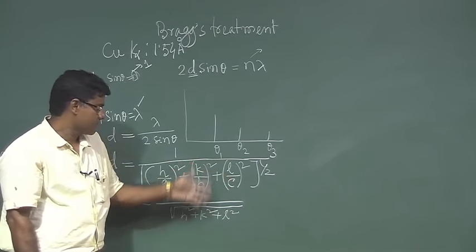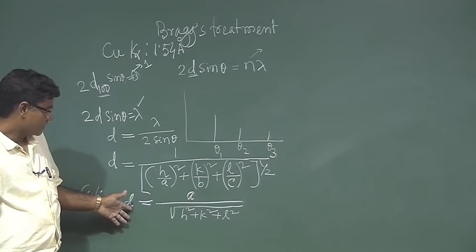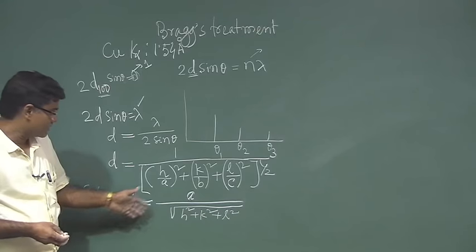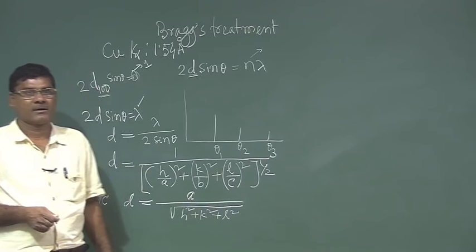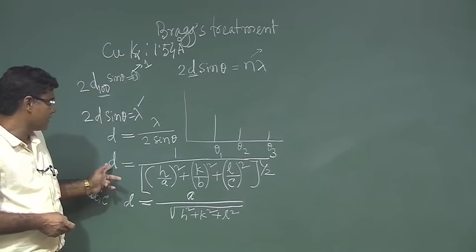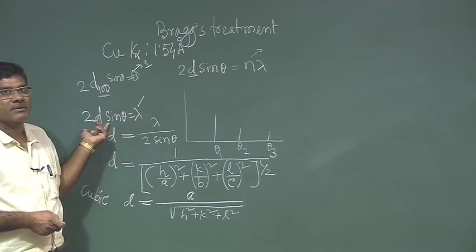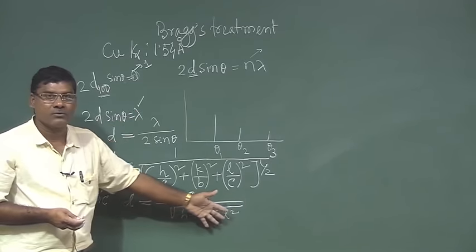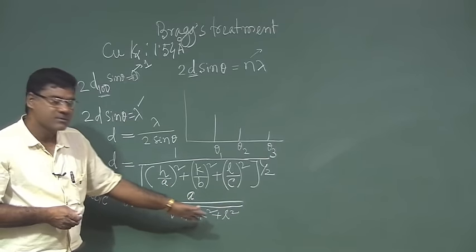For that you have to analyze the data properly, because here you have to know the hkl value, right. So, this d I will get here, but which plane it is from I do not know, and hkl is also unknown to me.